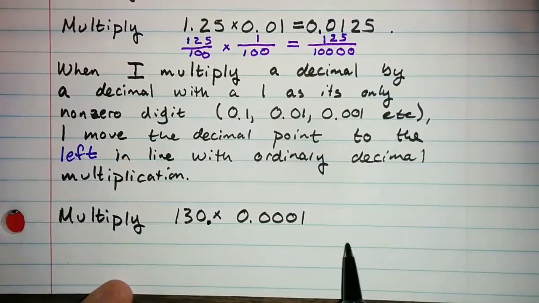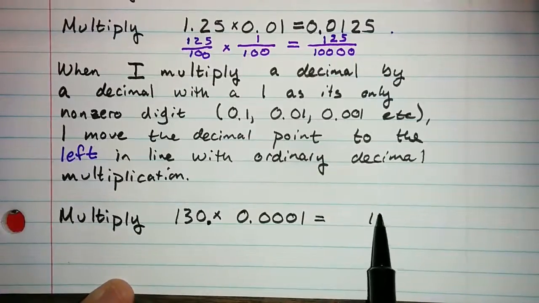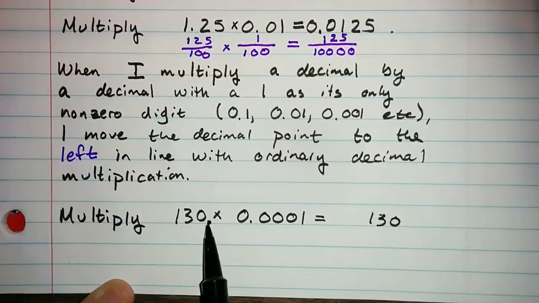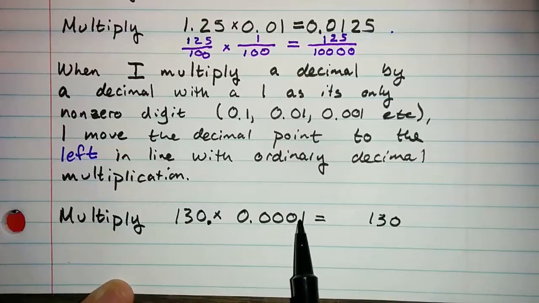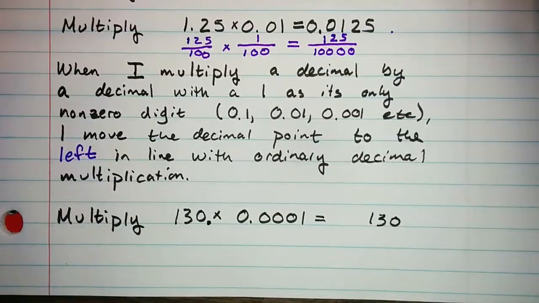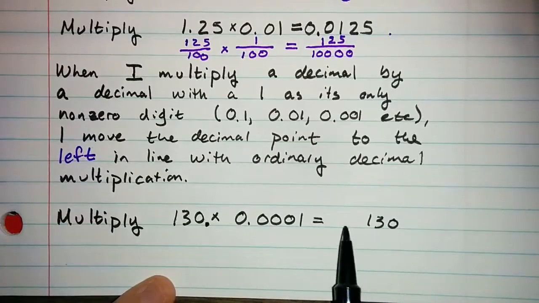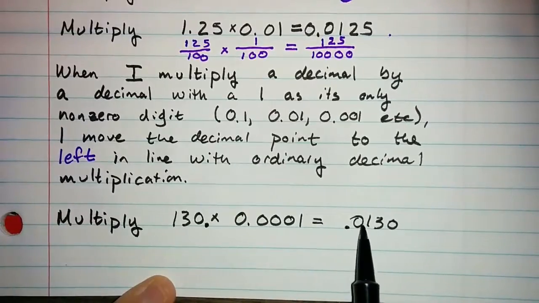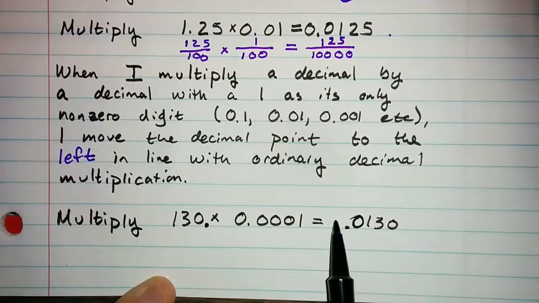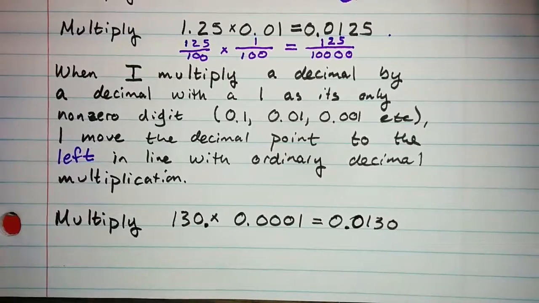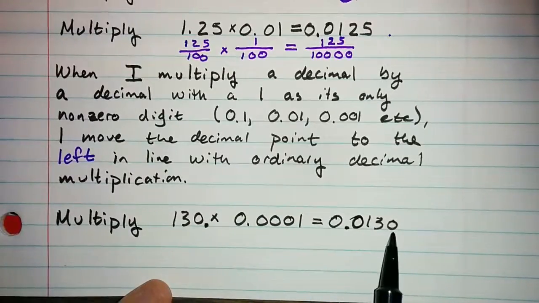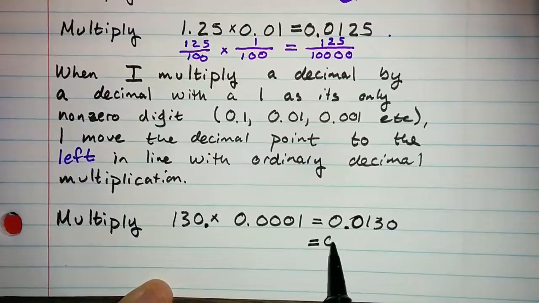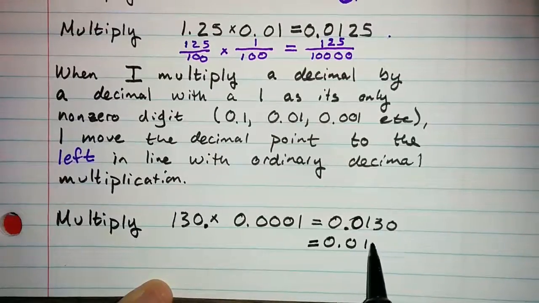Ignoring the decimal points, 130 times 1 is 130. I have 1, 2, 3, 4 digits to the right of the decimal point. So I get 0.0130. And if I like, I can leave off that trailing 0, 0.013.